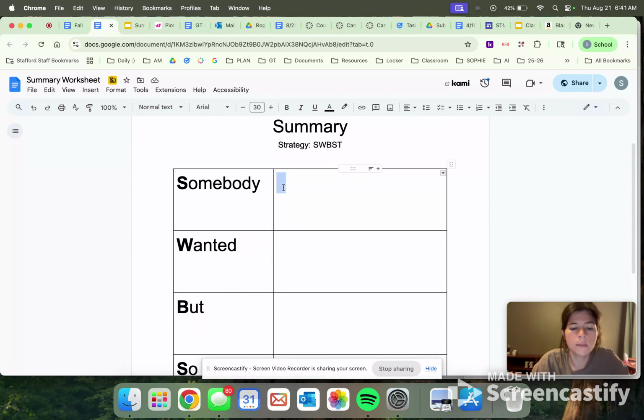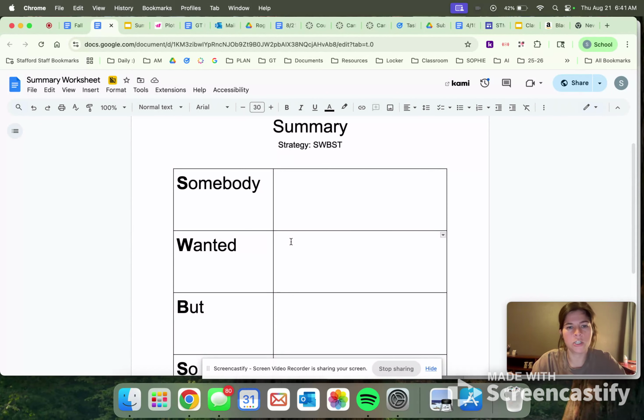So if you say somebody, don't just say dad. Who's dad? Is it my dad? Is it your dad? Is it Principal Woods' dad? No, it is the dad in the story Wagon Train. Wanted. What do they want? Don't just say to have a great project. What's the project? Why do they want a great project?